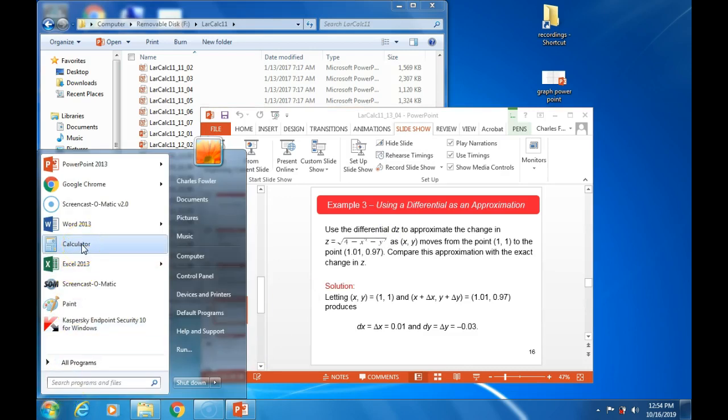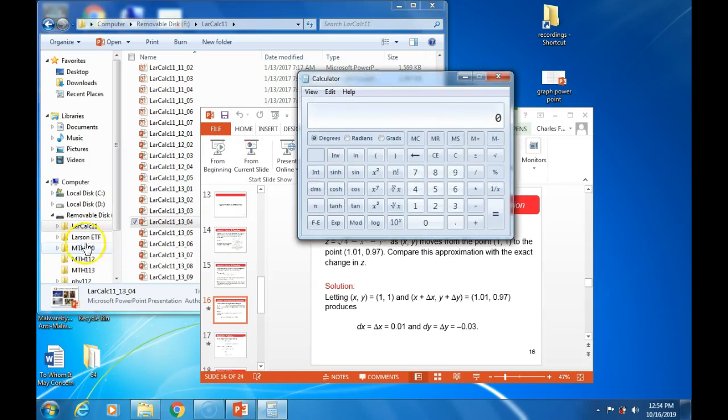Let's see if I can get my calculator to work. Now this has a different syntax, I'm pretty sure, from yours.